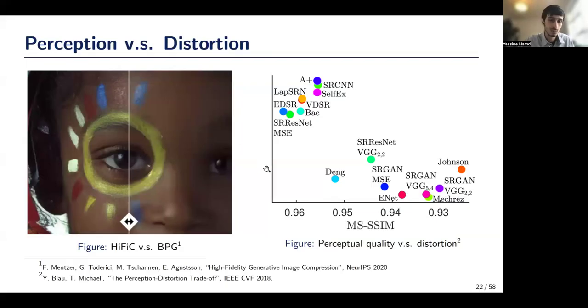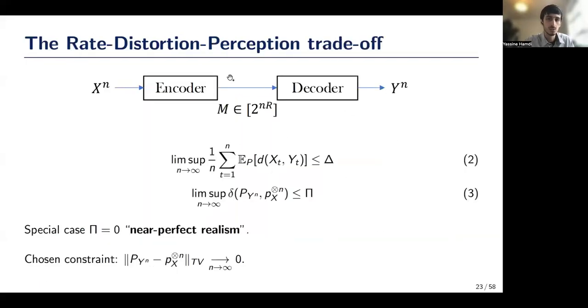So this is why we changed the formulation of the problem by adding one line here, one constraint, with a distance between two distributions. Between the distribution, so pxn actually is just to denote the i.i.d. distribution of the sequence xn, and pyn is whatever is the distribution of yn.